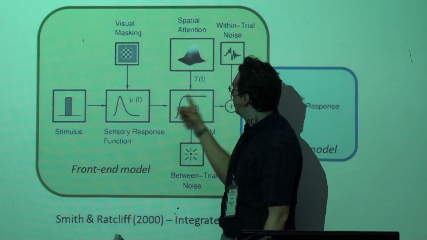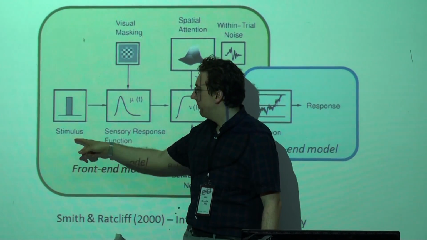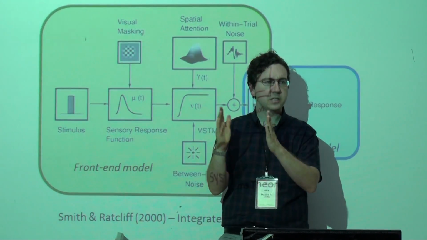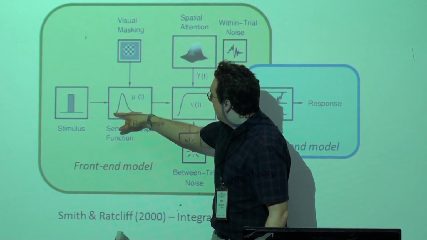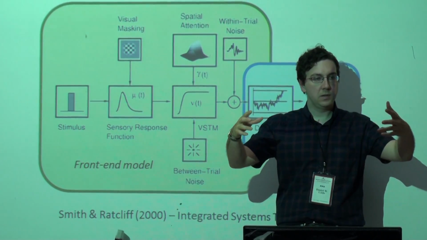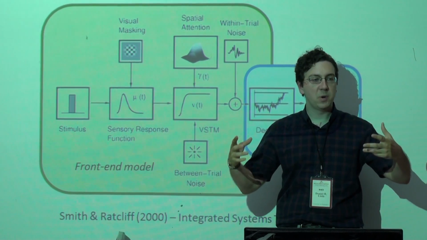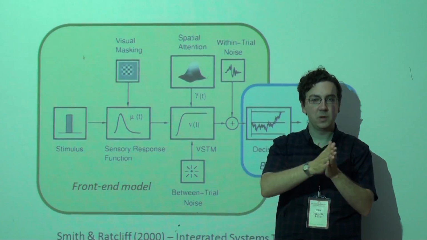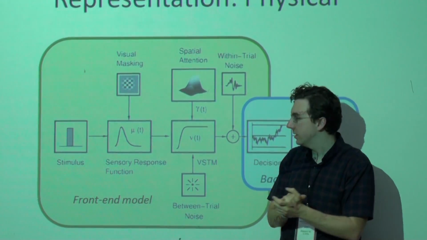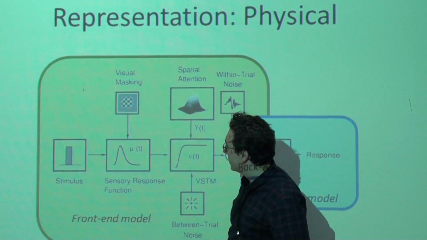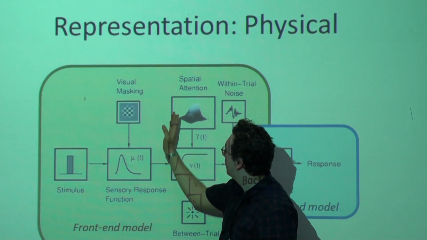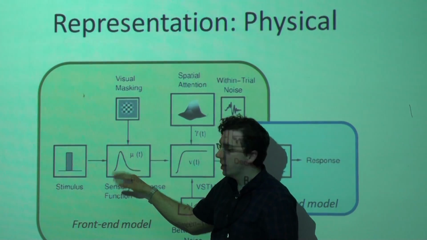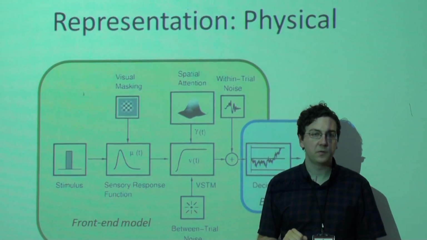The way it works is a stimulus is presented for some amount of time, and there's a function which controls the sensory response. You can think about this as sort of a retinal response, V1 response, so activity building up in those areas. In this particular task, they were interested in visual masking, so at some point in time, a mask would come on and cut off that sensory response function.